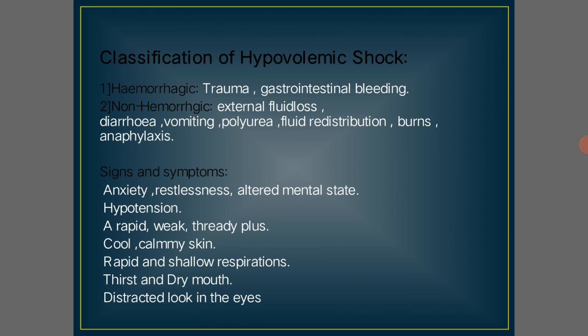Classification of hypovolemic shock. It is classified into two types: hemorrhagic shock and non-hemorrhagic hypovolemic shock. In hemorrhagic shock, trauma and gastrointestinal bleeding are present. In non-hemorrhagic shock, external fluid loss, diarrhea, vomiting, polyuria, fluid redistribution, burns, anaphylaxis, etc. are present.